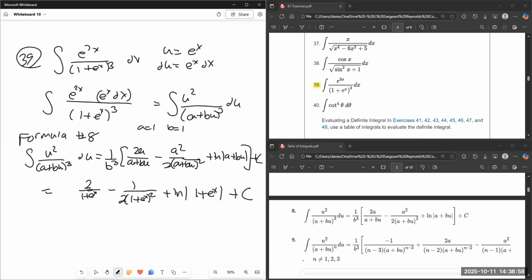And 1 plus e to the x doesn't really need absolute value bars around it because it's always positive. So you can just put parentheses around that and be good.